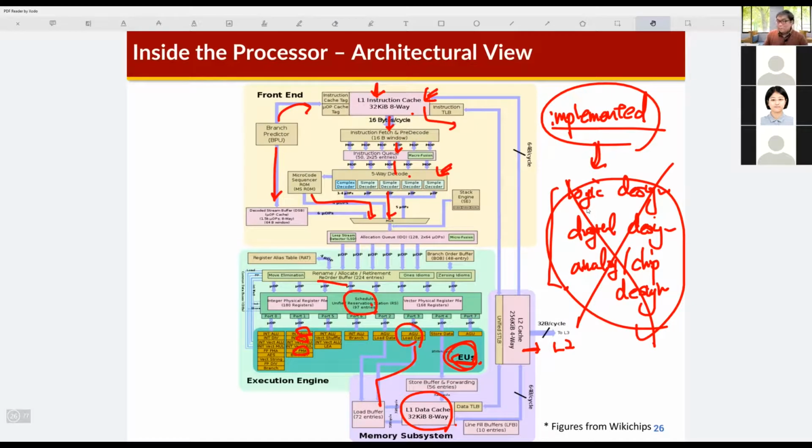We just learn how this block behaves or how this block works. Detailed implementation is hidden. So that's just some architectural view of the computer processor. Also, this is the abstraction of the computer architecture.